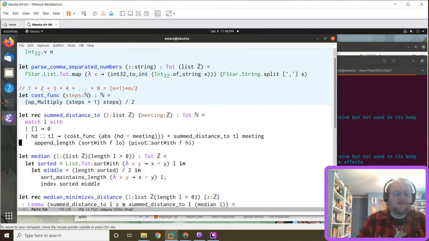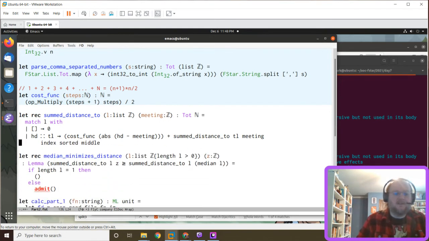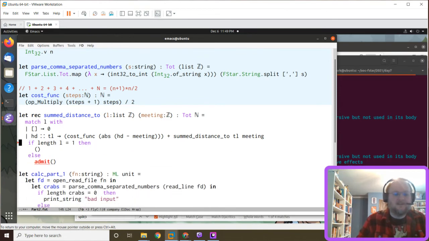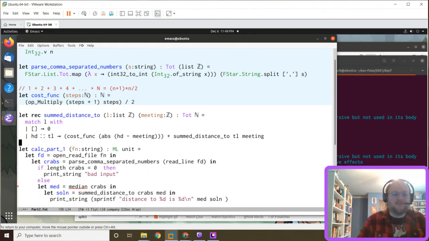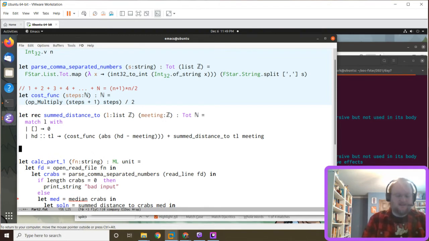All right, so we don't need these, but we do need, I think we need to search in the absence of a better idea. So it can't be less than the minimum crab, and it can't be greater than the maximum crab.